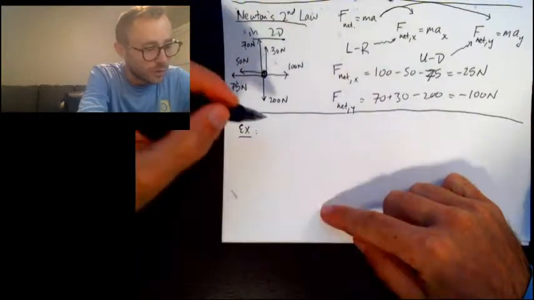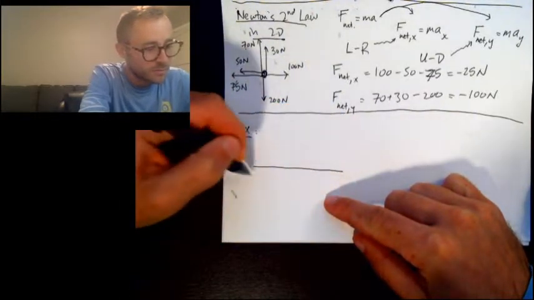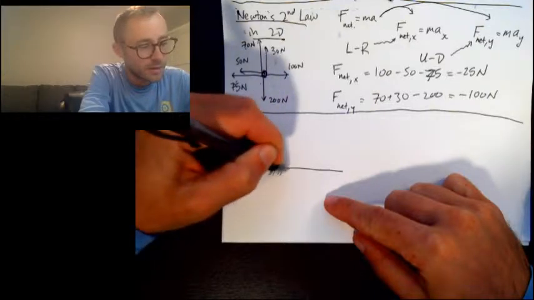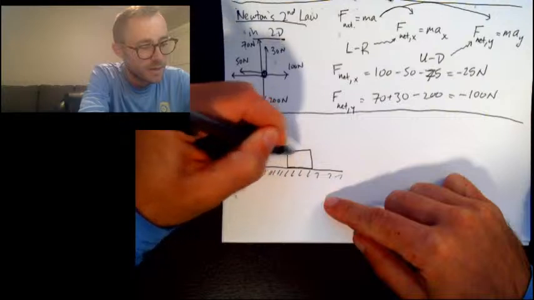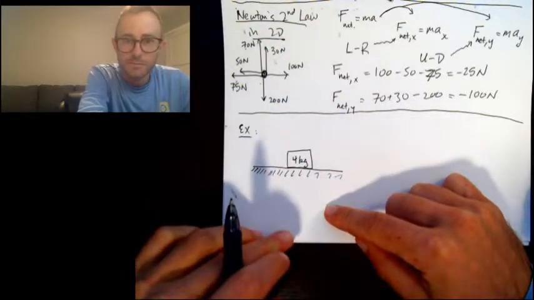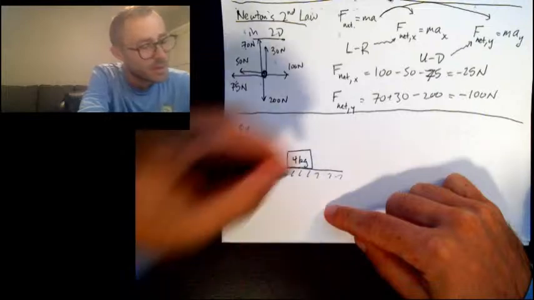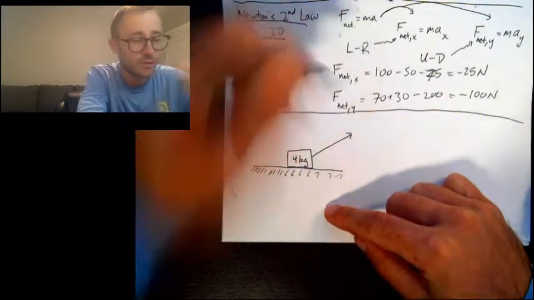So the first example I want to do is you have a box, and it is on a floor. So here's a box on a floor. It has a mass of 4 kilograms. Okay. And it is being pulled by 2 forces.